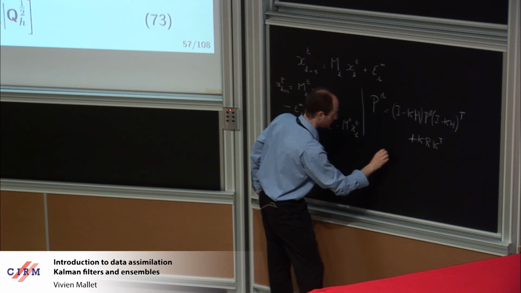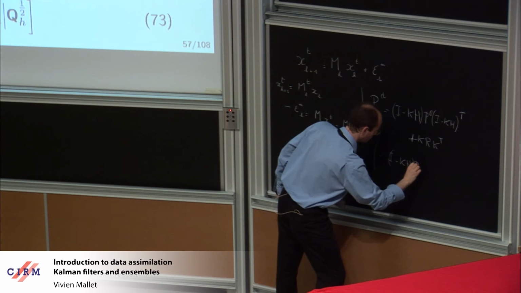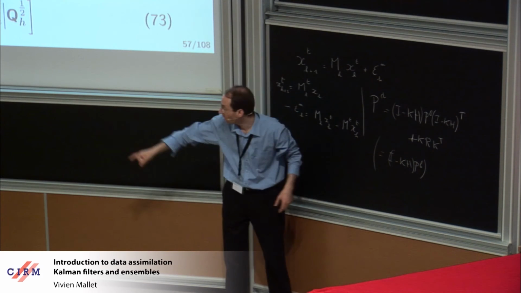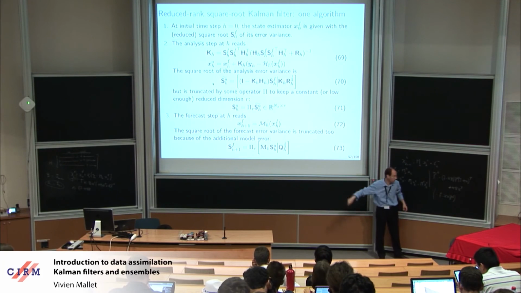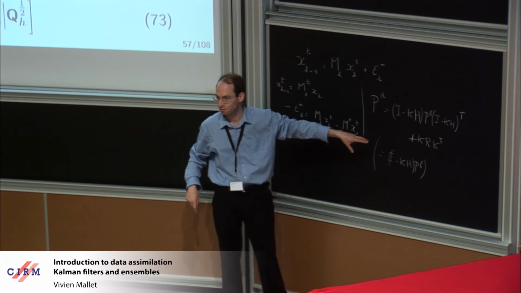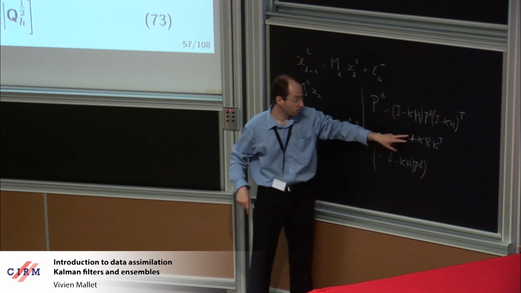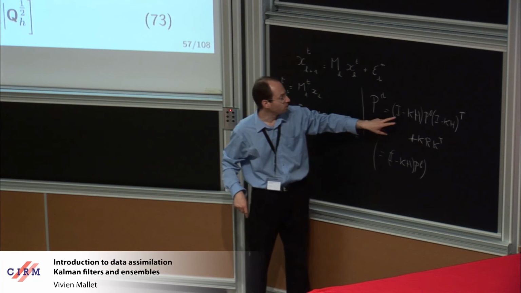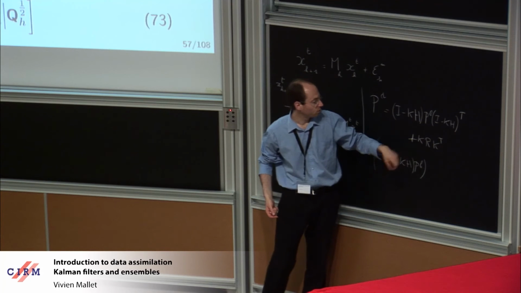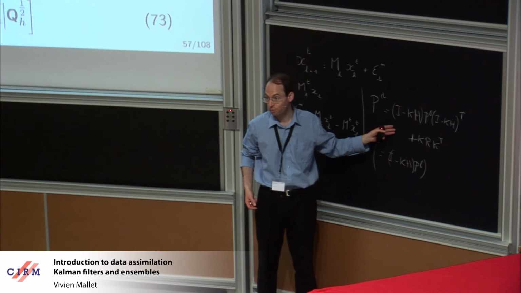It's also equal, sorry, to I minus KH PF. I wrote it there, the same. Usually we use this one, I minus KH PF, because it's the shortest one. But you have a longer expression, which is exactly equivalent: I minus KH PF (I minus KH) transpose, plus K R K transpose. The good point with this one is that you immediately see the square root form.